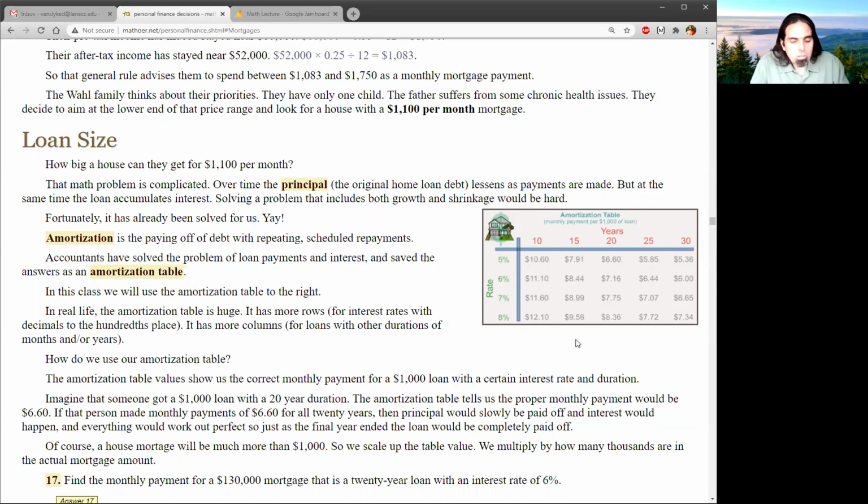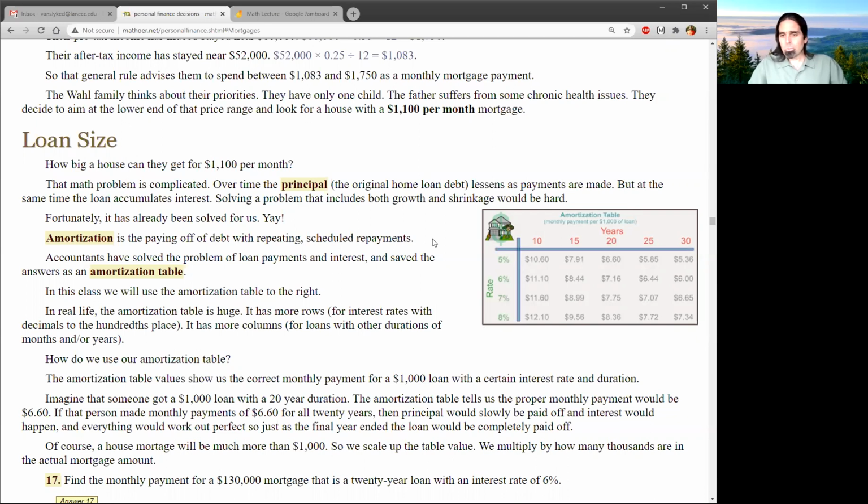And just like our tables so far in the health chapter, this table is a very simplified thing. In real life, the interest rates are not just 5, 6, 7, and 8%, but they get bigger and smaller, and there's decimal amounts too. Maybe your family has a mortgage of 5.3% or 3.8% or something like that.